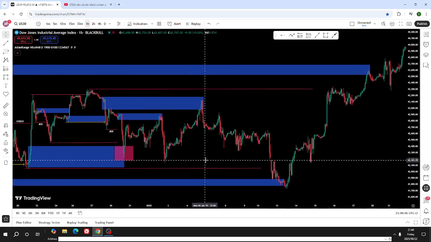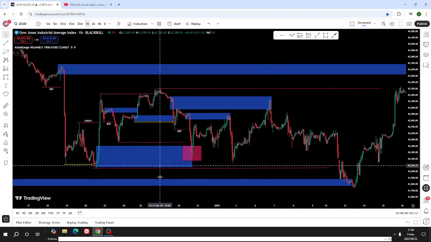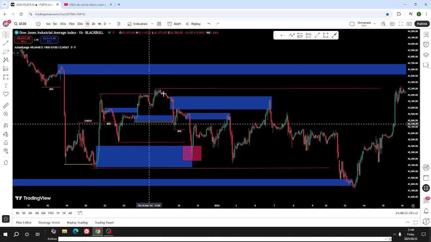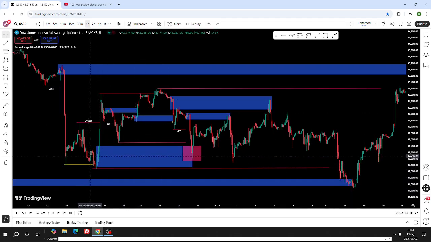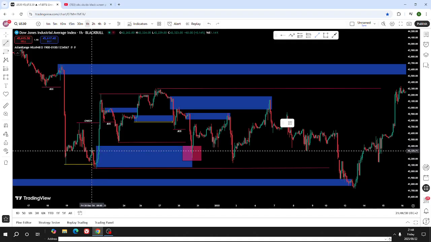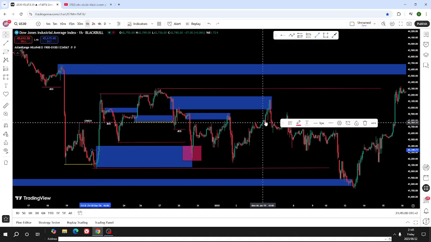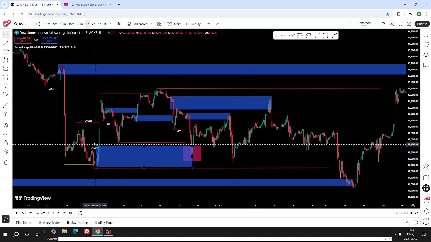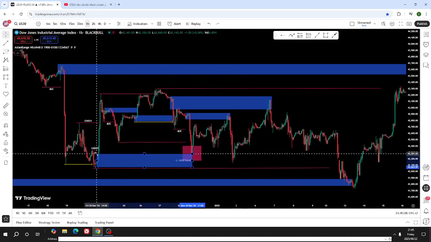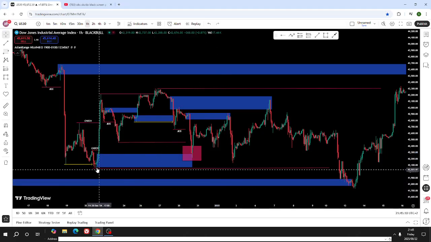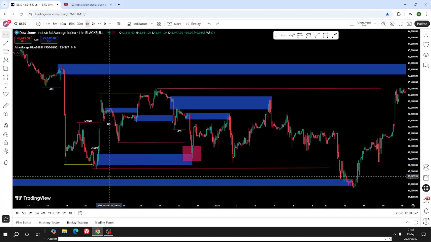Okay, as you can also get closer to what's happening right over here, as you can see, this last sell to buy, that break of structure right over here, is the first indication to say the market will go up, which now we need to minimize this order block to this one right over here.